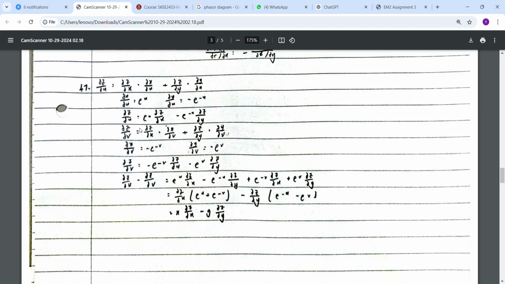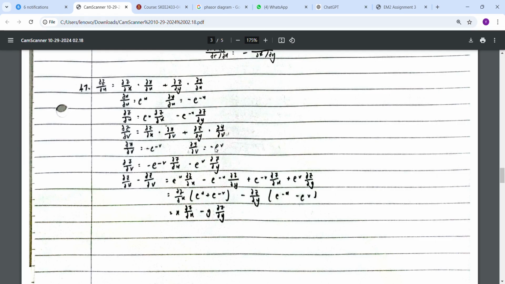We are also required to find ∂z/∂v. It will equal ∂z/∂x multiplied with ∂x/∂v plus ∂z/∂y multiplied with ∂y/∂v. Also from the question, we can find the derivatives from the values of x and y.